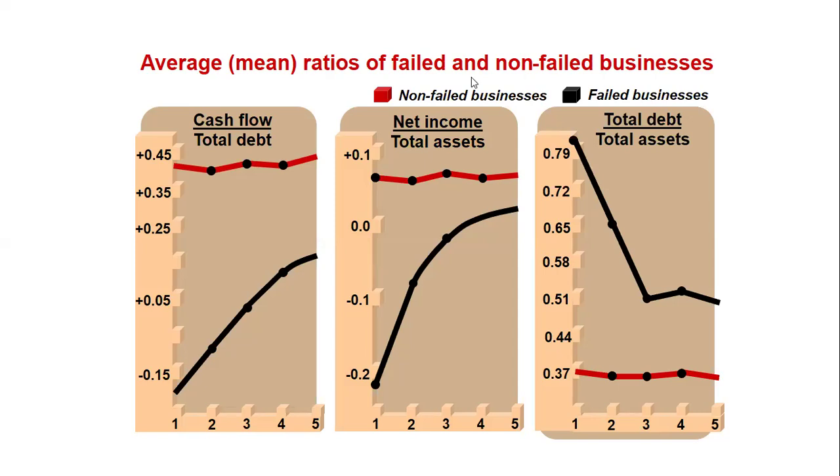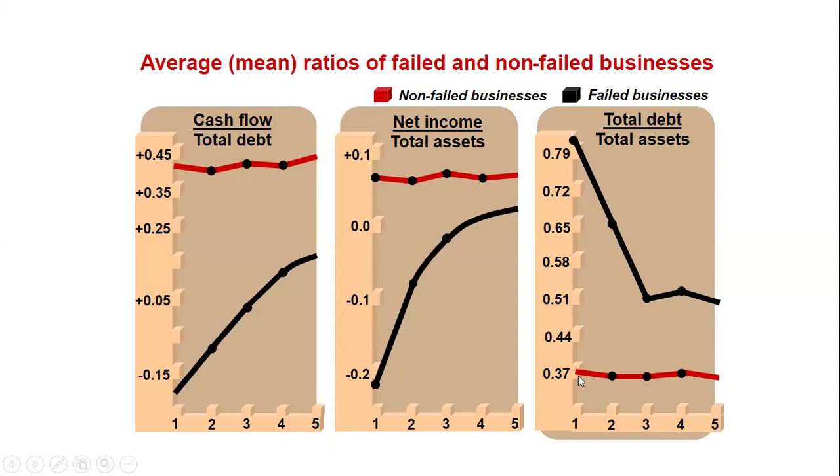So let's say that we are using total debt to total assets as a base, and then we are also using net income to total assets. It could be that an entity that has failed has a very low proportion of debt. So its debt to total assets will be very low, okay?